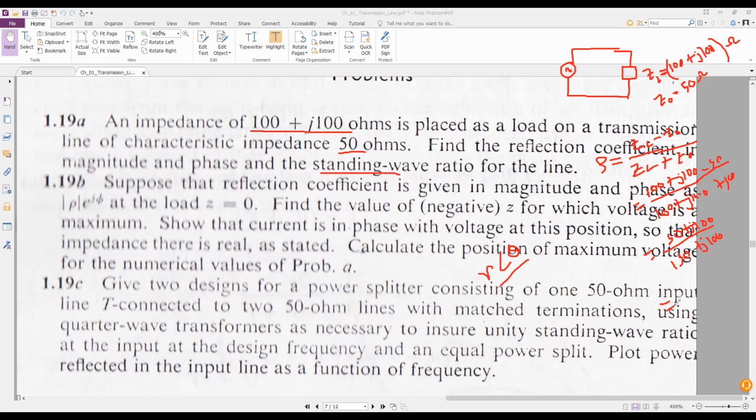Just calculate and give me the value. Anyone, do the calculation and give me the result.